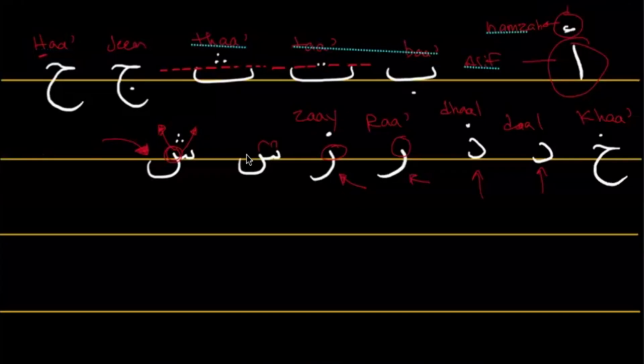So the synopsis then is that here is the shape of seen and sheen. Whenever I get to the end of the line, my paper slips under my hand. MashaAllah. There. That's seen or sheen. Seen, sheen.